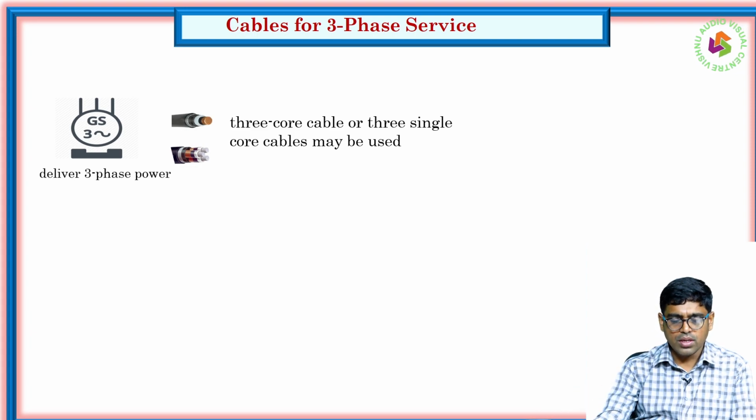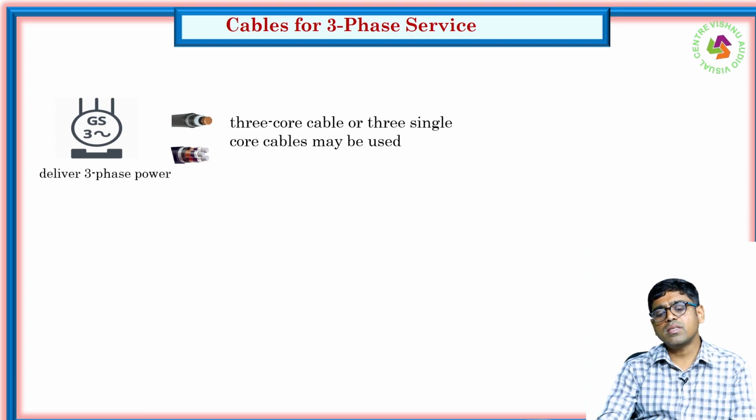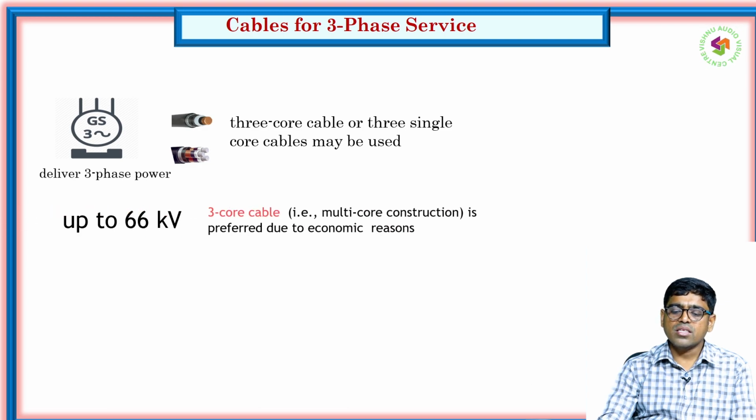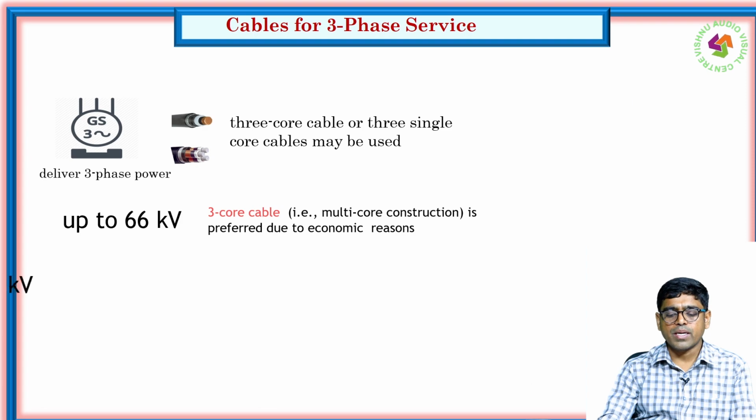If high power transmission is required, then these 3 separate cables are required. Up to 66 kV, the 3 core multi-core construction is preferred for economic reasons, so all the RYB phases can be made in a single cable.